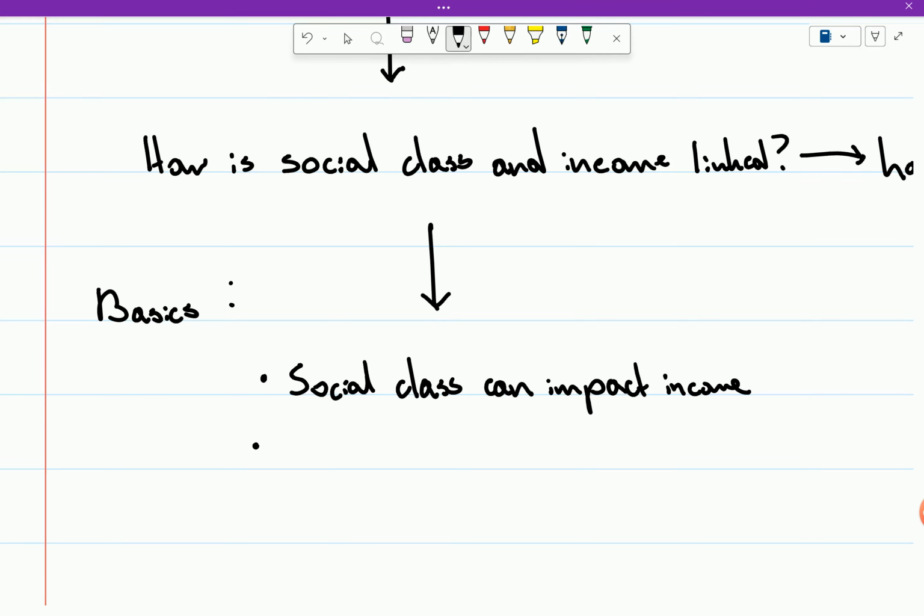Well, how? What's happening here? We need more than just social class can impact income. So why don't we try and separate social classes? Well, if we go with working class, they are more likely to have low income.